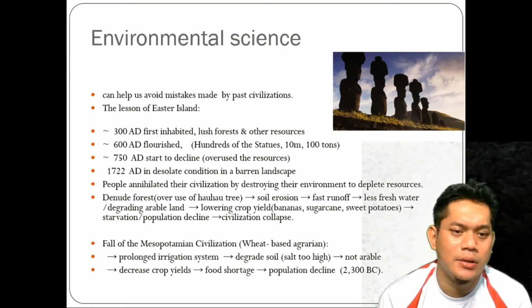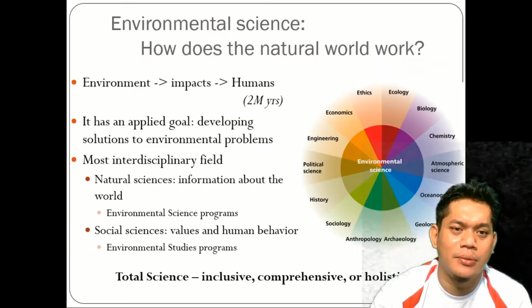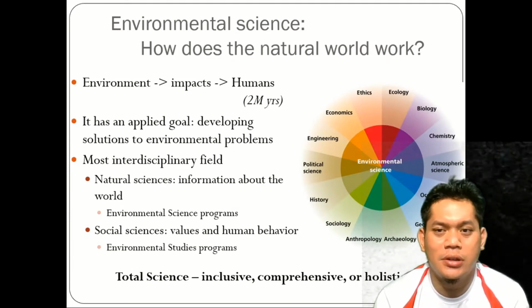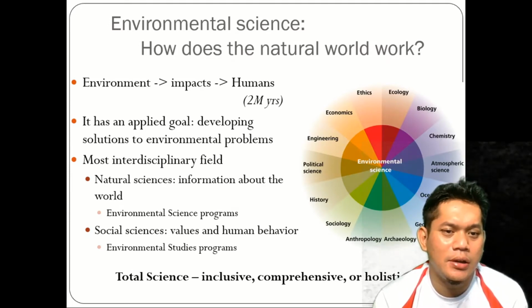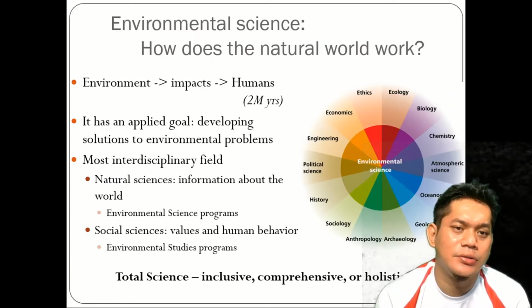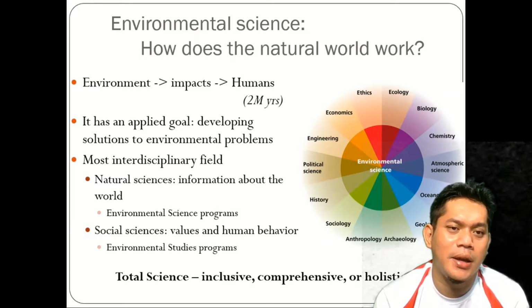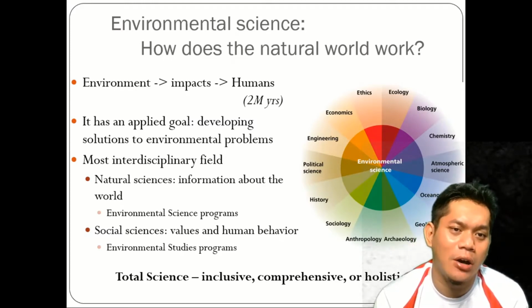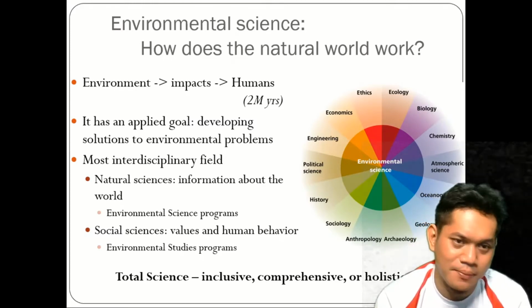Okay, so I would not say much about the science, but I want to say how nature basically works. The idea is to see the impacts of the environment on humans and how humans impact the environment.